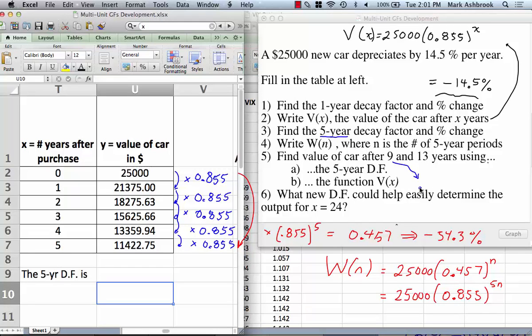V of 9. That's that value, and it just means plug 9 into the function, which will multiply the 0.855 together 9 times. Similarly, V of 13.